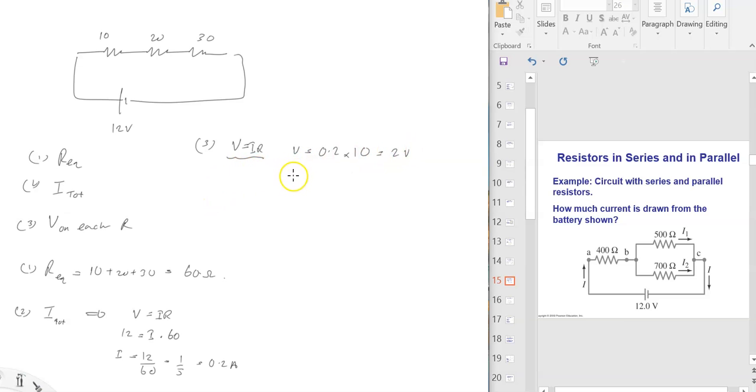Second one, V2, same current, 20 ohm resistor, so 4 volts, right? V3, same current, 30 ohm resistor, 6 volts. When you add them together, you see it comes back to 12 volts.